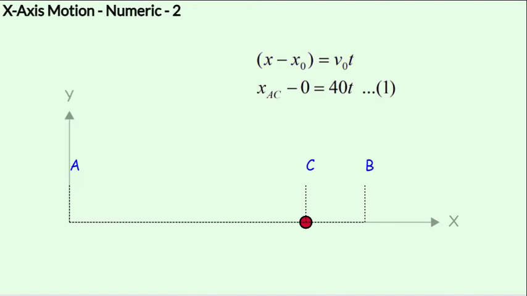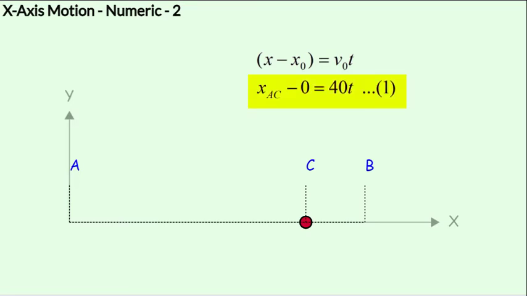We fix the origin at point A. The initial displacement at A is 0. The final displacement is the distance between A and C, xac, which is not known to us. The initial velocity is 40 meters per second, which is the velocity right through. Using this, let's obtain our equation 1.